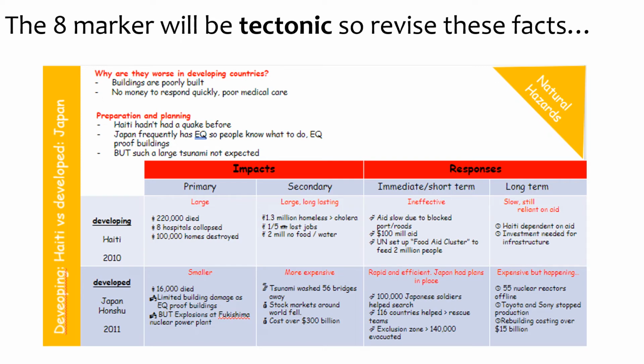They set up an exclusion zone very quickly and evacuated 140,000 people from the area around the Fukushima nuclear power plant, and you remember seeing in photos the little prefab houses they put them in. So although they were short-term solutions, they were very effective short-term solutions. So pause this here, revise these facts, get someone to quiz you on them.